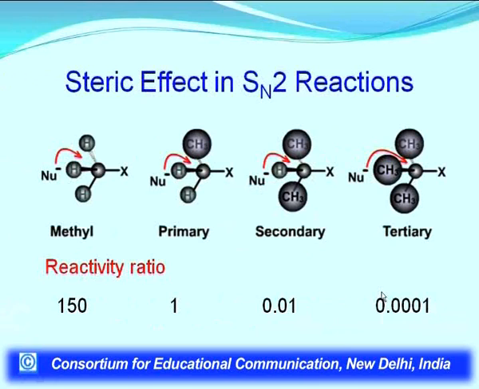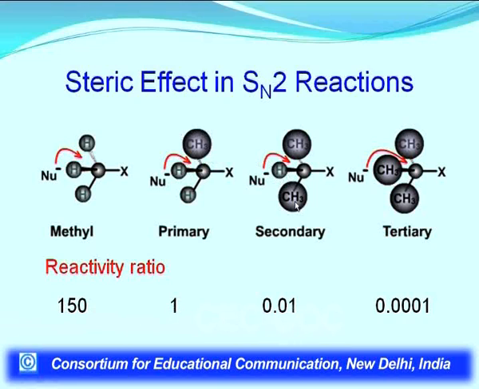Then we talk about the substrate molecule. This is the carbon on which the nucleophile has to attack. If it is a methyl group, all the three groups attached to this carbon are hydrogen. In a primary alkyl halide, say an ethyl group, that is haloethane, this will be a methyl group.